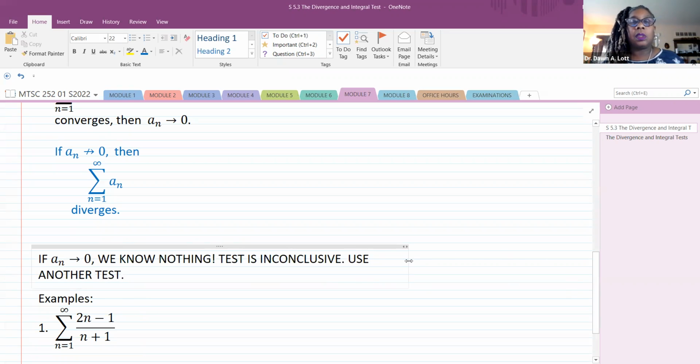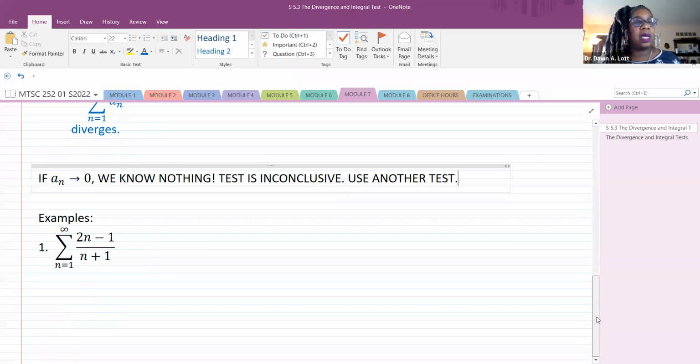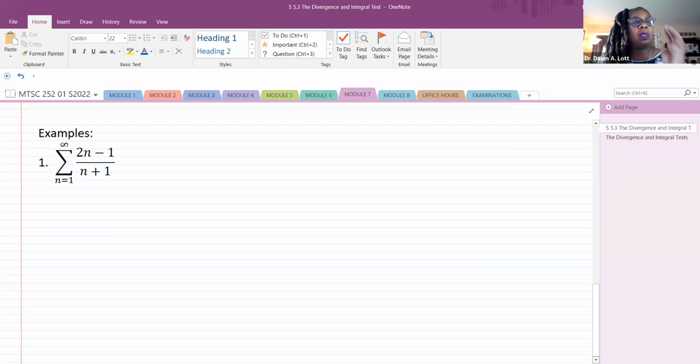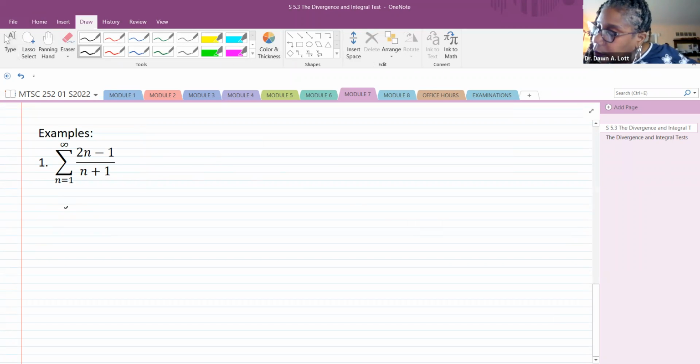Okay, so let's look at these examples. The first example is the summation n equals 1 to infinity of 2n minus 1 over n plus 1. So what is AN? AN is 2n minus 1 divided by n plus 1.